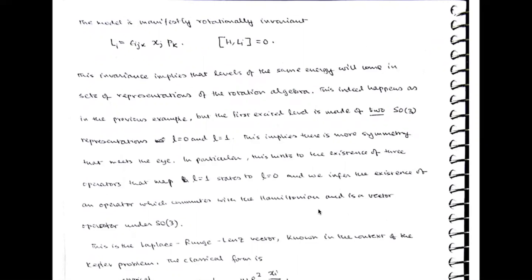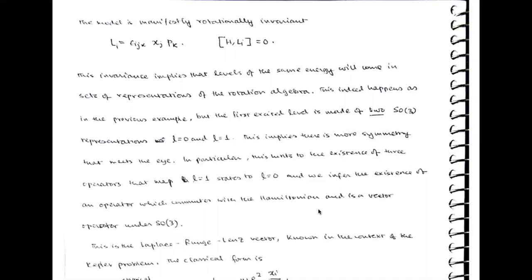As in the previous example, this invariance just means that the levels of the same energy will come in sets of representations of this rotation algebra, so SO(3) or SU(2) if you wish.